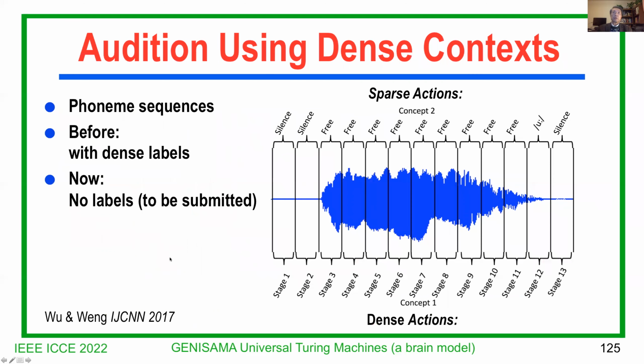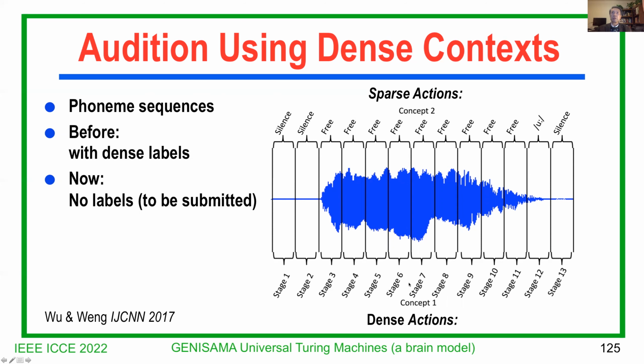The new thing here is that we use dense context phoneme sequences. Before, we used a symbol as a dense label, but now we don't have labels. The dense sections are a context generated by the vectors, and then the label becomes dense.